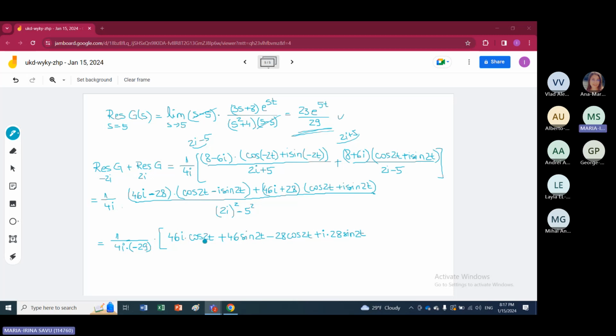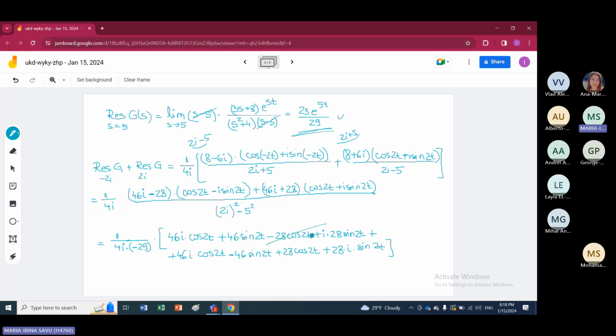Okay, so let's just have this one plus this one. Okay, and this one and this one. Okay, is correct. Then plus, let's take a look here. Plus 46i cosine of 2t minus 46 sine of 2t plus 28 cosine of 2t plus 28 times i times sine of 2t.